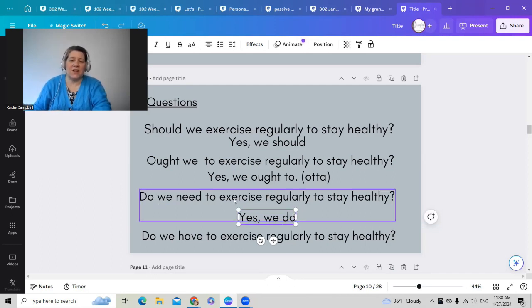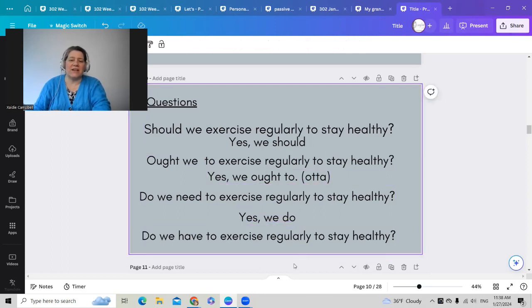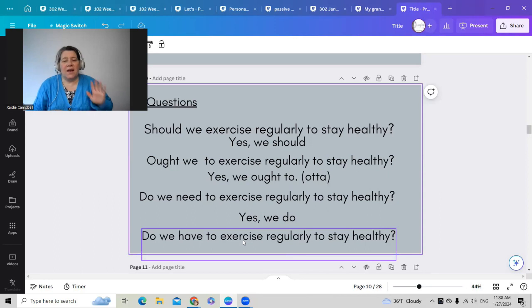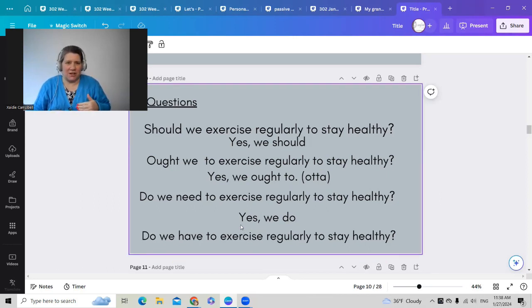Do we need to exercise regularly? Do we have to exercise regularly? The answer is yes, we do. Please understand that every time we answer a question, the short form of the question, we answer it with the auxiliary verb that we were asked with. That's why we have yes, we should, yes, we ought to, yes, we do, yes, we do. Okay?